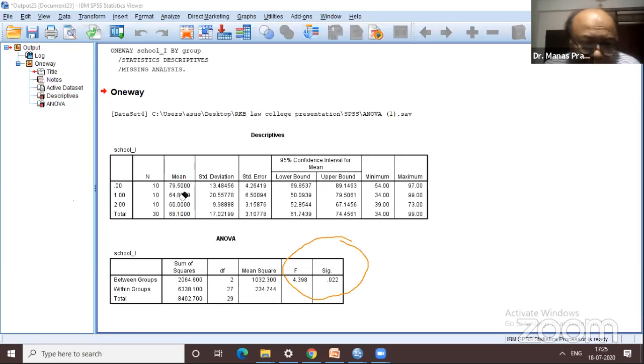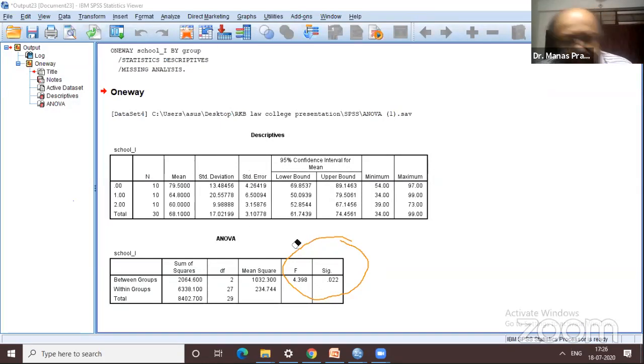Mean score of the second school is 64. Mean score of the third school is 60. That means from the sample we see that the students of the first school are getting the highest marks. Then the second school is getting the second highest mark, and the third school is getting the least marks.